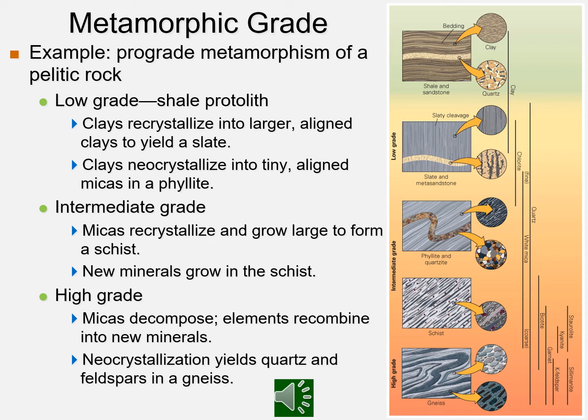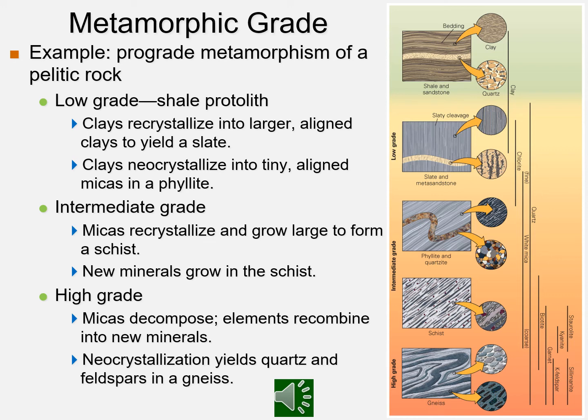As metamorphic grade increases a little more, the clay flakes decompose and new crystals of fine-grained white mica, as well as new crystals of chlorite and quartz, grow, transforming the rock into phyllite. Under intermediate grade conditions, the minerals in phyllite react and decompose, yielding atoms that combine to produce large crystals of mica, such as muscovite and biotite, as well as other minerals, such as garnet.